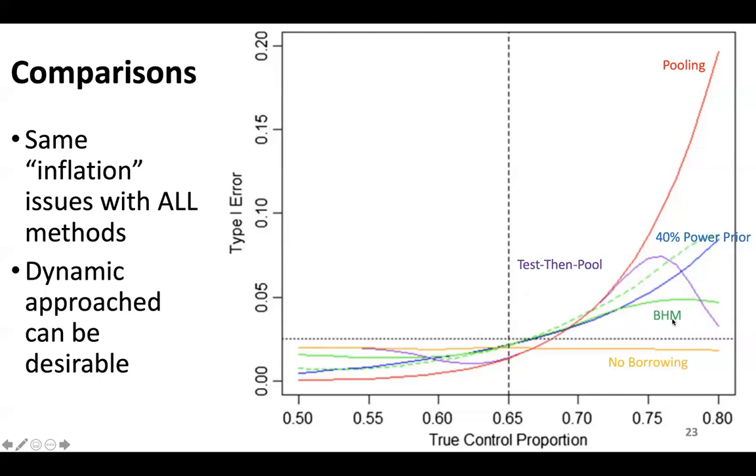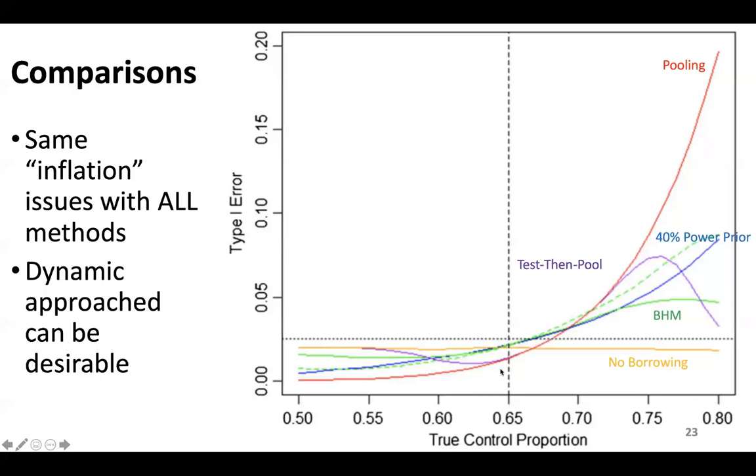And we limit the size of the type 1 error of the dynamic approaches, where the power prior is going to continue to increase and pooling is going to continue to increase because we blindly use the data regardless of the new control. I wanted to show you test and pool. Test and pool is actually a dynamic procedure.